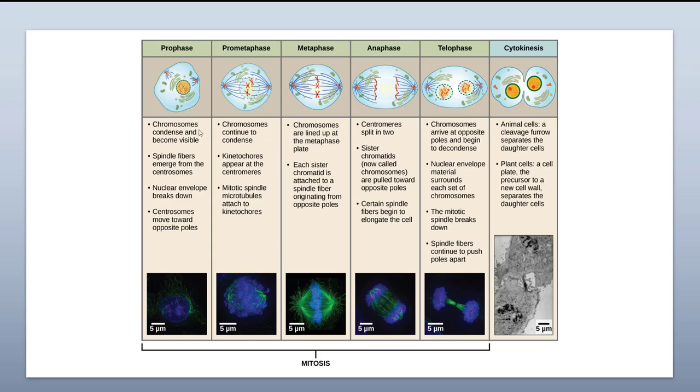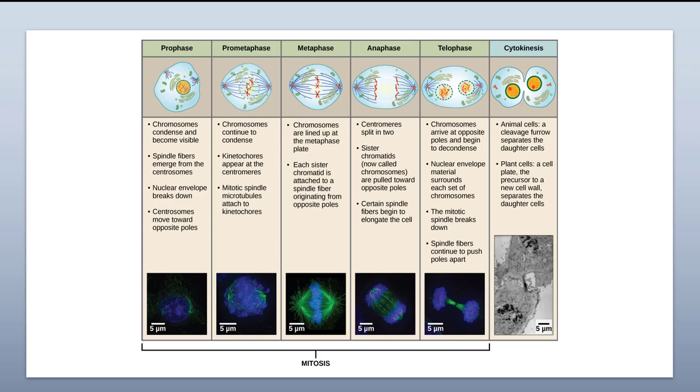Moving into the next phase is prometaphase. So that's kind of the in-between. Okay, so it's still preparing to divide. So in prometaphase, you can see the nuclear envelope has almost completely disappeared. So it's completely broken down here.